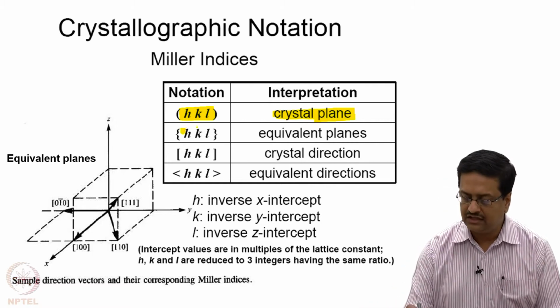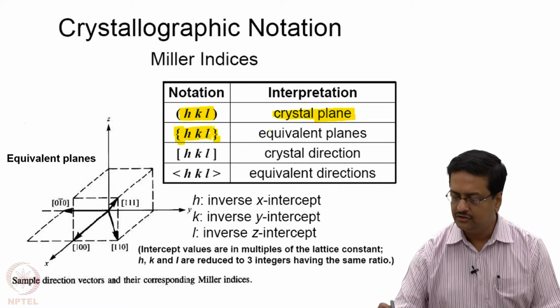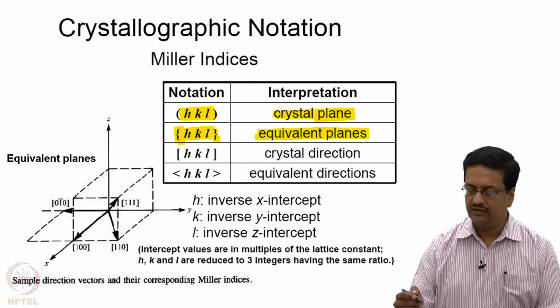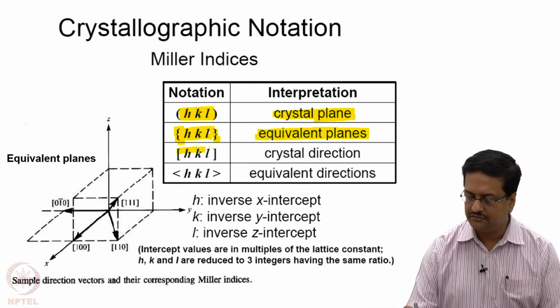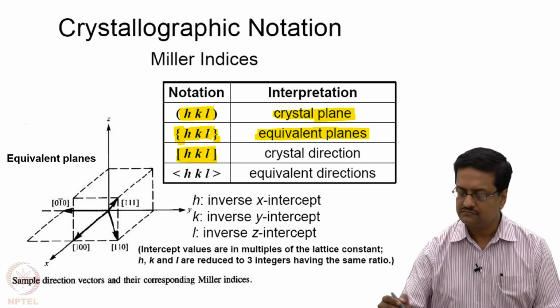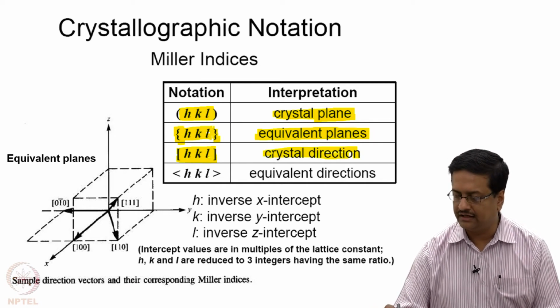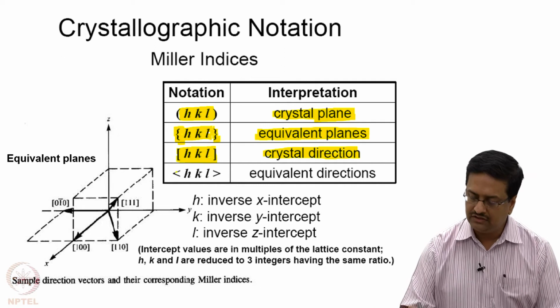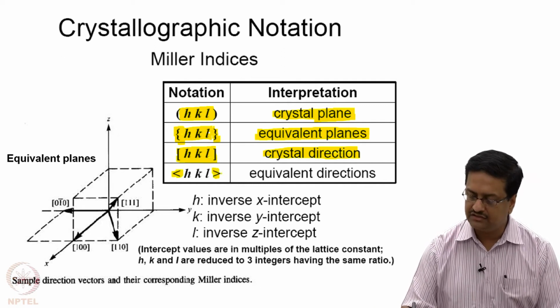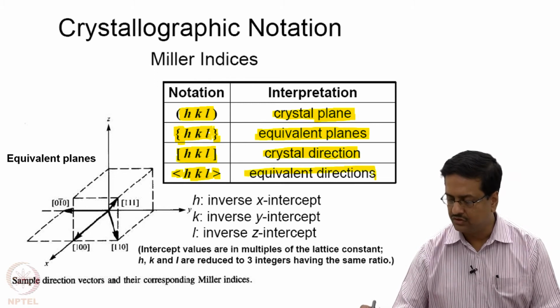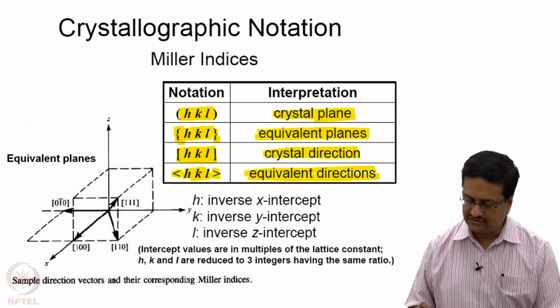When we write HKL within the second bracket, as indicated here, we are talking about equivalent planes. When we indicate HKL within the third bracket, the square bracket, it indicates a crystal direction. And when we represent HKL within the greater than and less than signs, they are called equivalent directions.